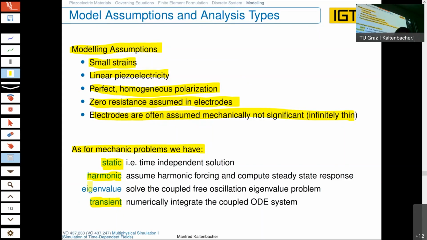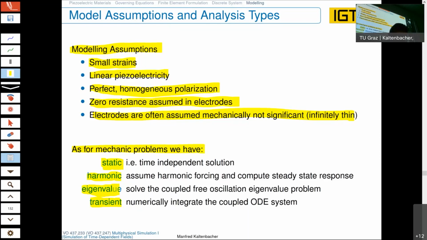Yeah, and we are also clearly interested in the eigenvalue analysis, especially in order to see at which eigenfrequencies we really get a coupling between the electric field and the mechanical field. When you do eigenvalue analysis, you will find a lot of eigenvalues which are pure mechanical eigenvalues, and just some eigenvalues are really coupling eigenvalues, and they are clearly of interest for us, especially when you design a sensor.